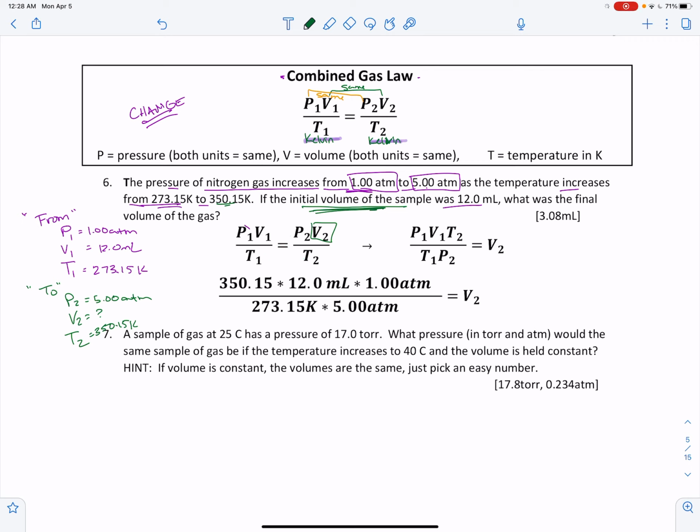Or you can say, I need to multiply both sides by T2 to get rid of the T2. And then to get rid of P2, I need to divide both sides by P2. Two ways of thinking of it, but you've got to get the correct variable by itself. The other easy thing to mess up is filling in the things the wrong way, so let's make sure we've got it filled in well.